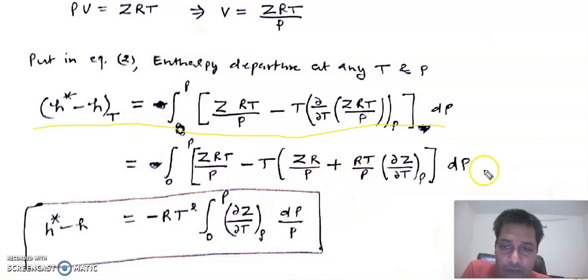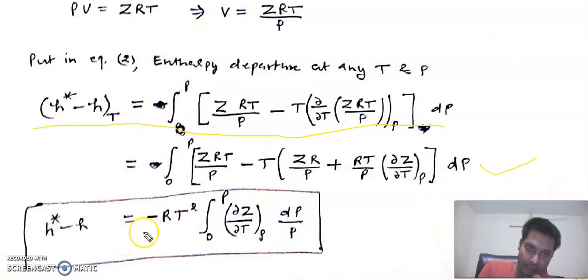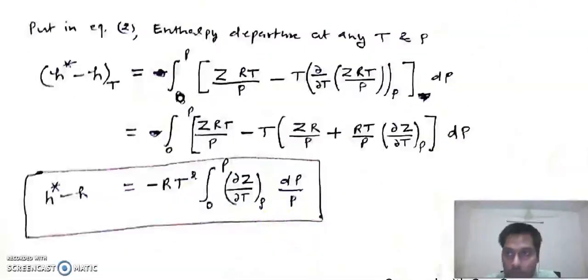So you finally calculated this, and finally you will be able to calculate H star minus H equal to minus RT squared, integral from 0 to P of del Z by del T at constant pressure, dP by P. So this is our final expression.